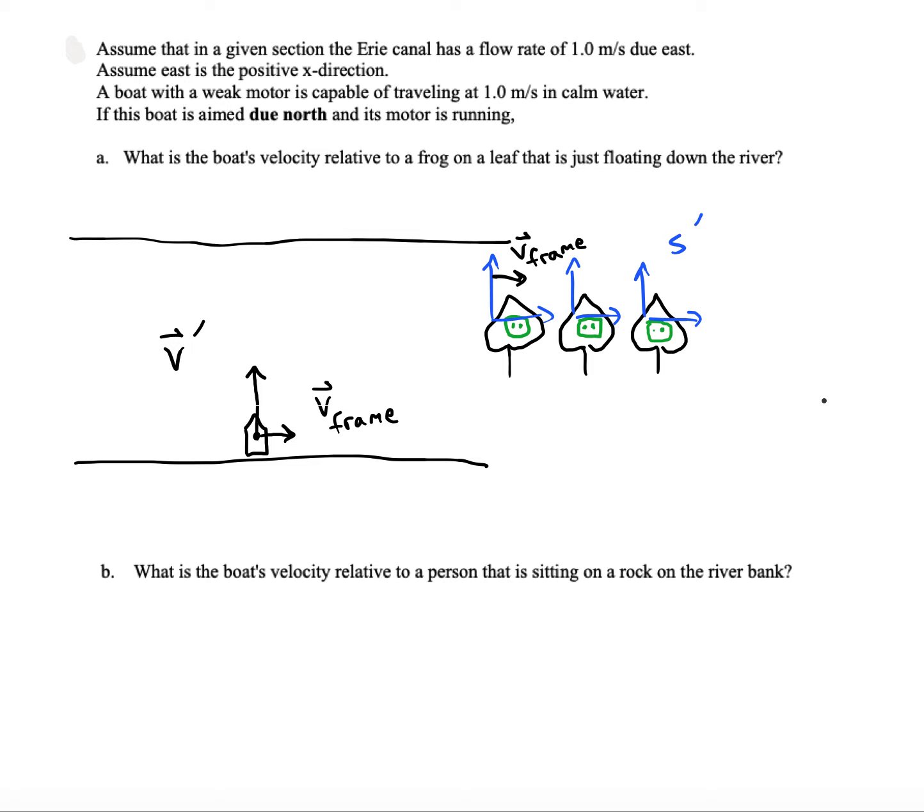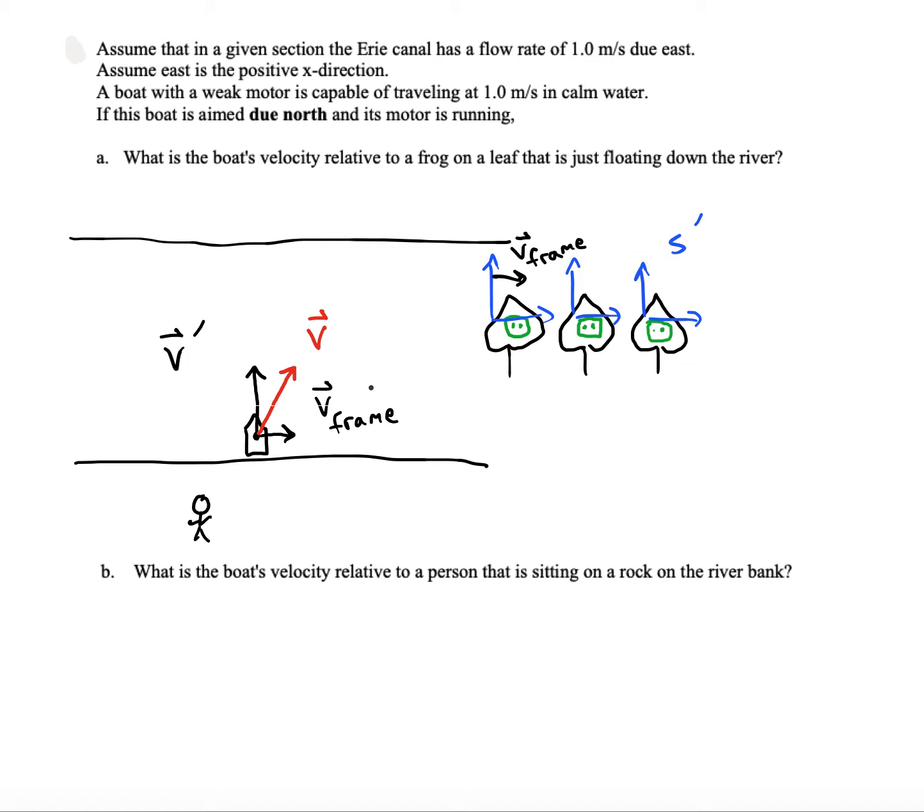And now what we'll have is two contributions to the total velocity of the boat, relative to an observer who's standing on ground, or relative to a bird who's looking down in the situation. Let's say it's a hummingbird that's just not moving relative to the ground. So we want to combine the two into one vector, which would be called the total velocity.